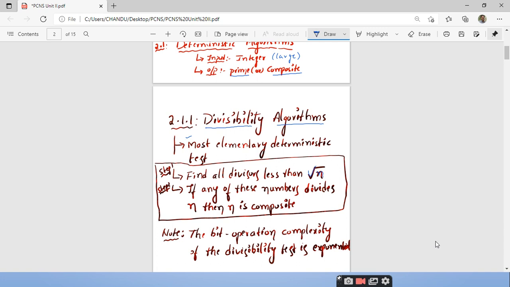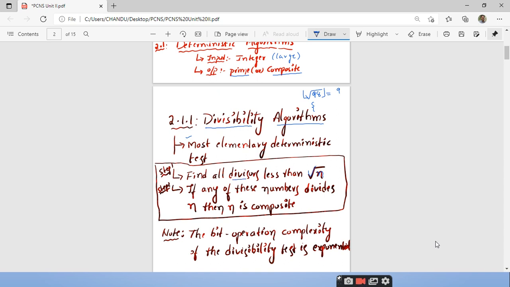For example, we have seen an example, 98. The square root of 98, we have to take the floor value. What is the floor value of the square root of 98? 9, sir. 9, right?